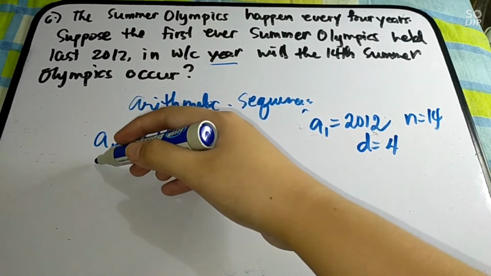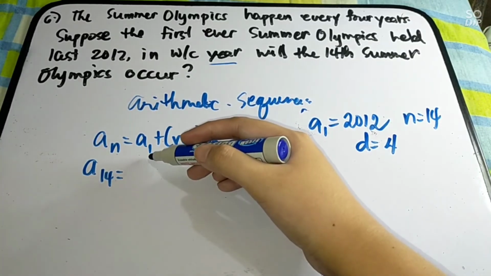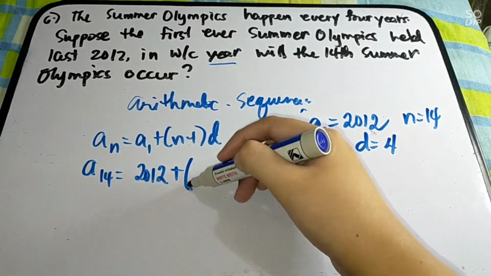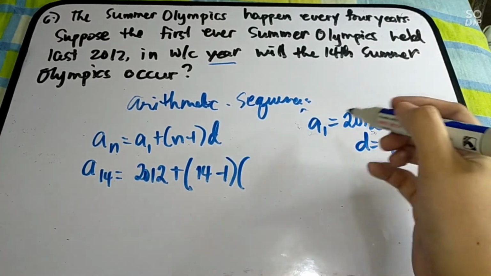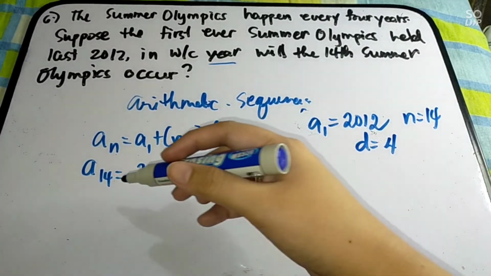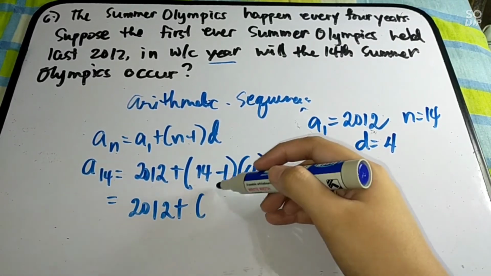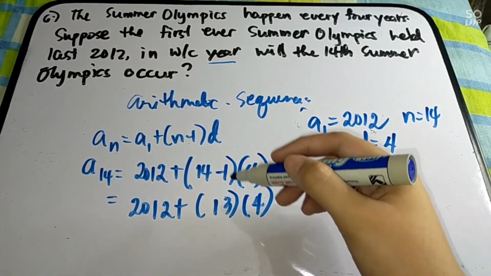So, we are going to substitute. A sub, yung n mo is 14, equals, ang first term mo, we have here 2012 plus quantity, ang n mo, we have here 14 minus 1, then multiplied by d is 4. So, we have here 2012 plus 14 minus 1, the answer is 13, then times 4.